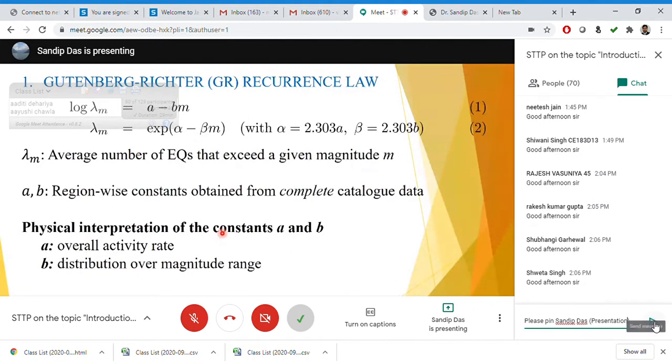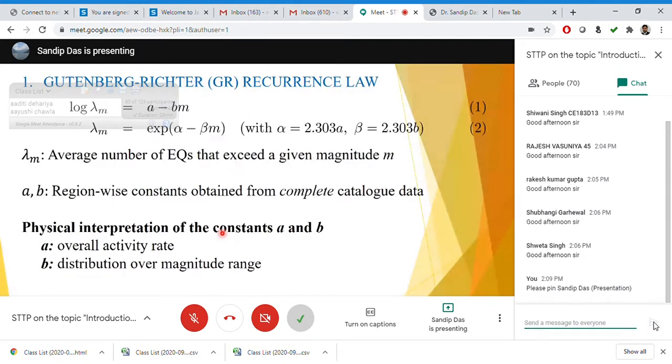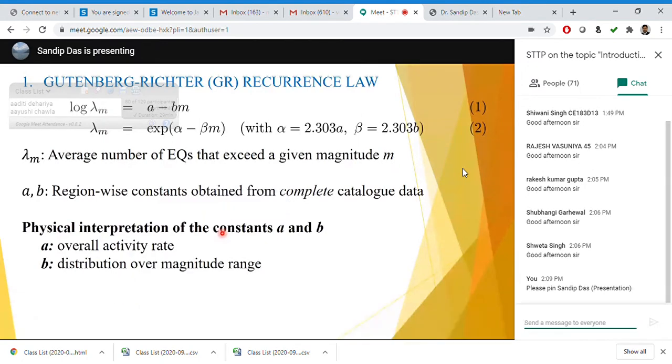Whichever definition you follow, given that particular magnitude definition, there is a law stated by equation 1. It says that the average number of earthquakes that exceed a magnitude m has a linear kind of behavior when you take the logarithm of that number. So log of lambda m, this log means log to the base 10, is a minus bm.